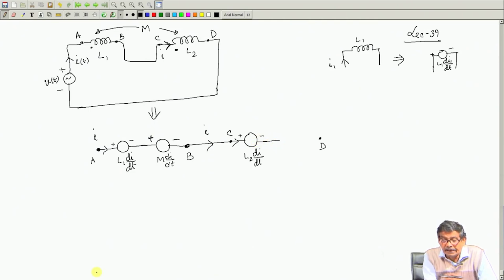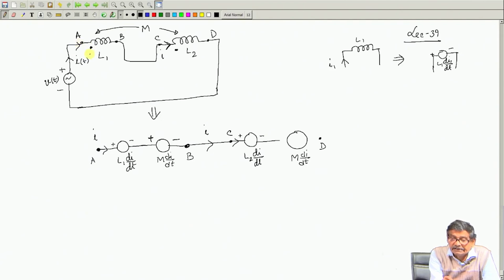But then the first coil is carrying a time varying current, so it will cause an induced voltage here, and that will be M di/dt. The question is, what should be the polarity of this voltage? The current is entering the first coil through the dot, causing an induced voltage in the second coil, whose dot is known. So, this side, the C side, will become plus and D will become minus, and then you are done. And here is your supply voltage.